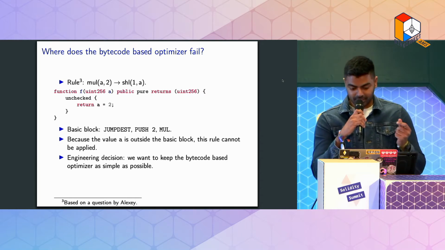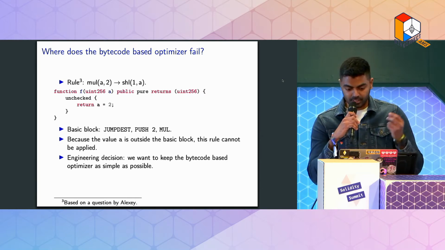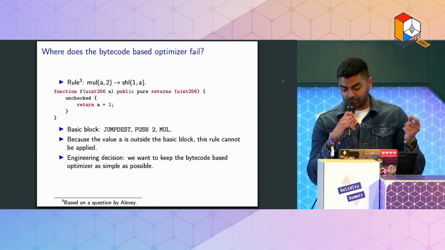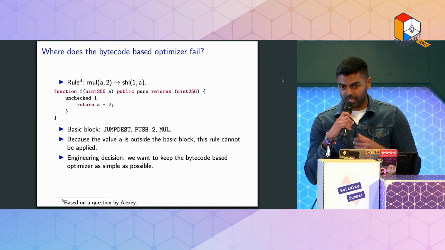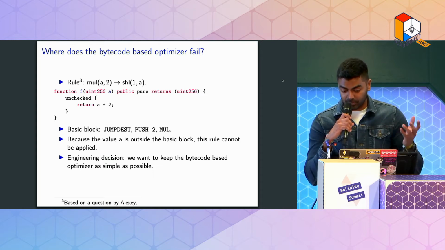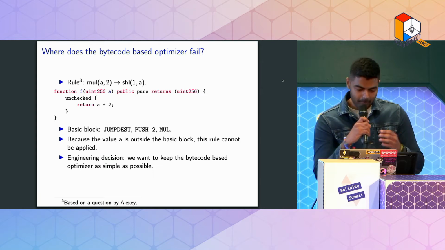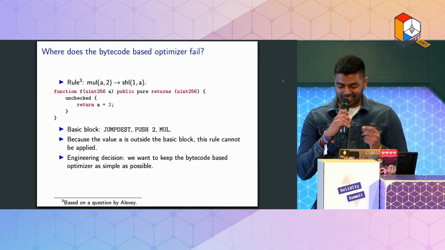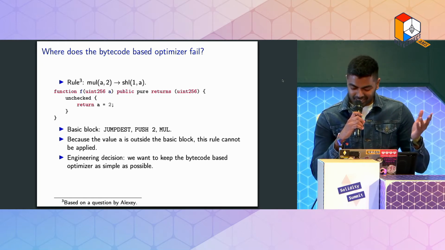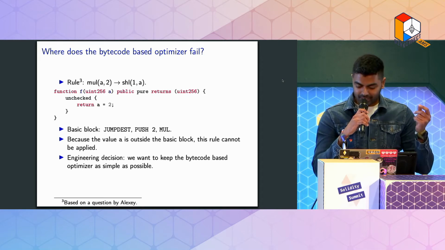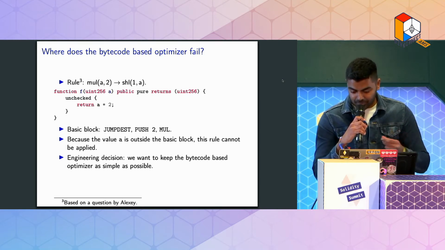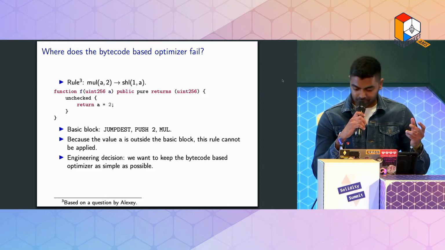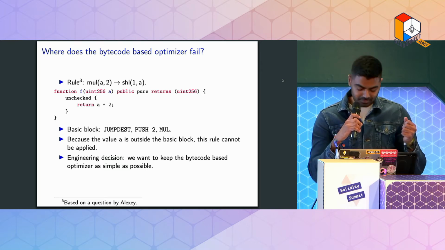If you look at this function's bytecode and look at the basic block, what we get here is a jump test followed by a push 2 and a mul opcode. Unfortunately, we cannot use the rule in this case because the value a is outside the basic block, and shift requires swapping the arguments.